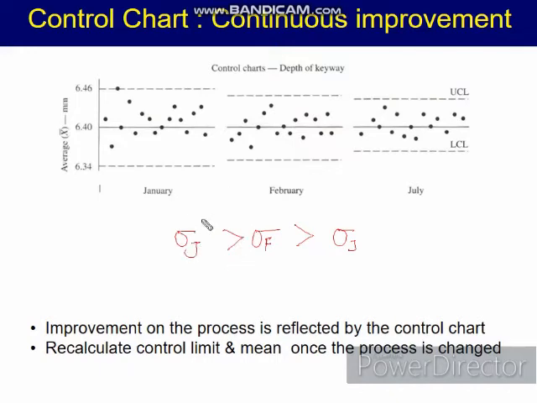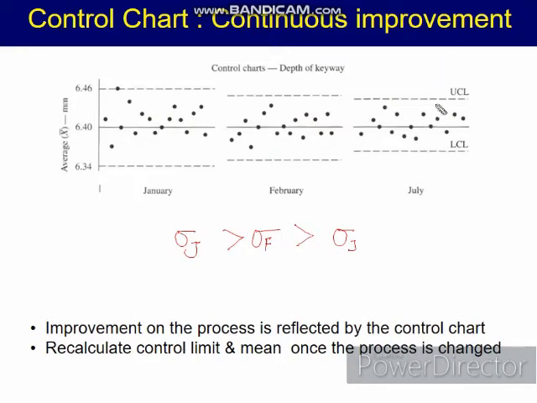So you can see that the reduction in standard deviation or variability in February compared to January will actually narrow the gap between the upper and lower control limits, meaning that you control your product tighter. Same with the standard deviation in July, which is much better compared to the standard deviation in February.